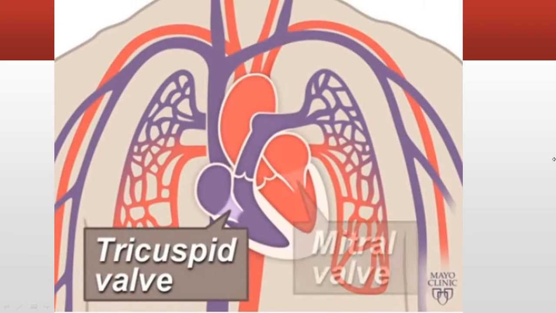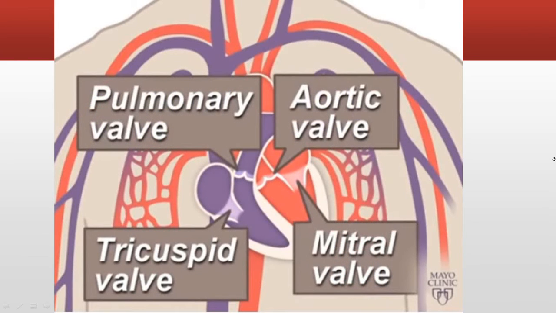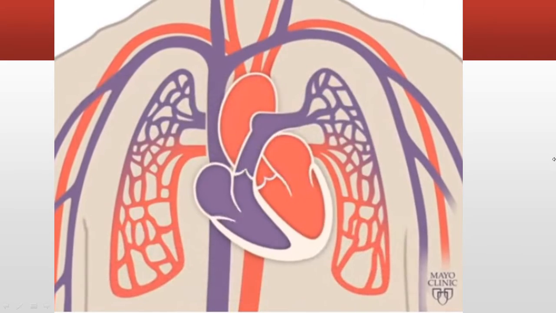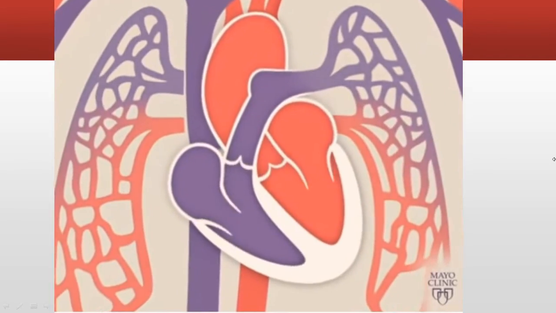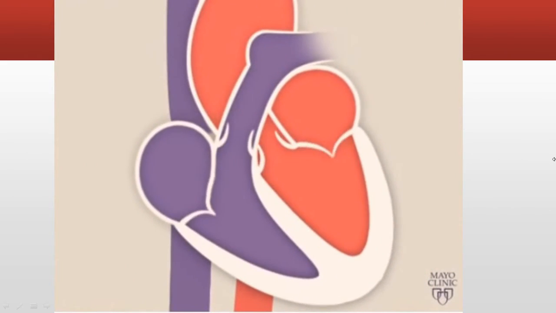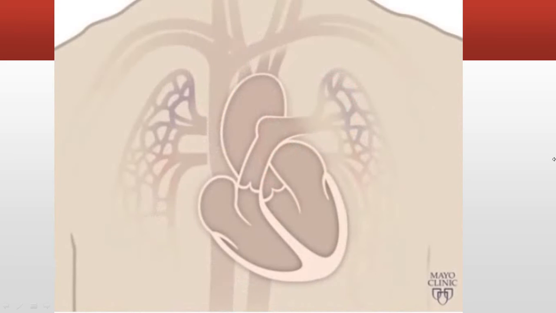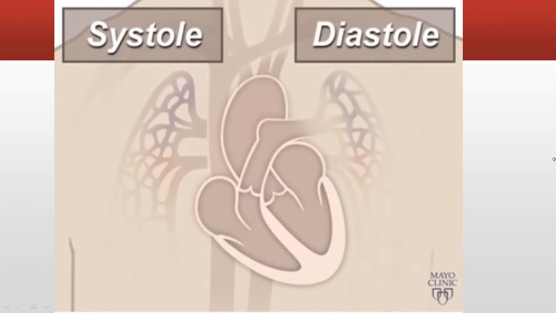The tricuspid, mitral, pulmonary, and aortic valves work like gates on a fence. They open only one way and only when pushed on. Each valve opens and closes once per heartbeat, or about once every second. A beating heart contracts and relaxes. Contraction is called systole, and relaxing is called diastole.